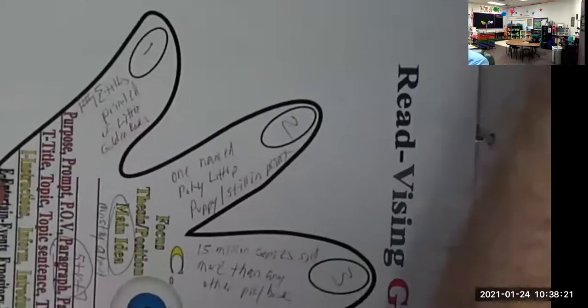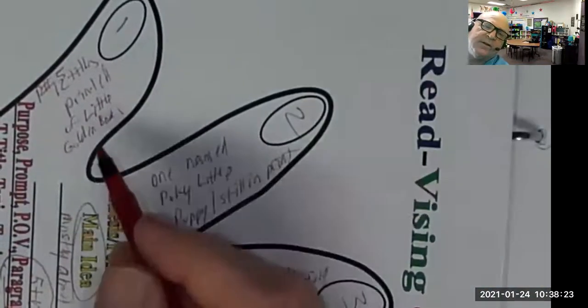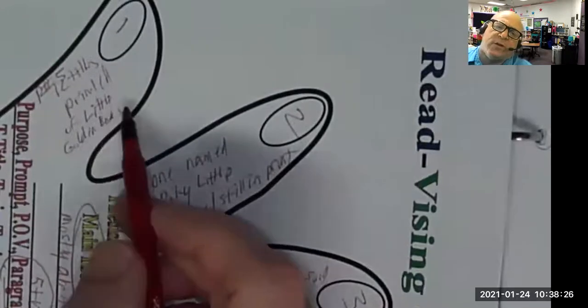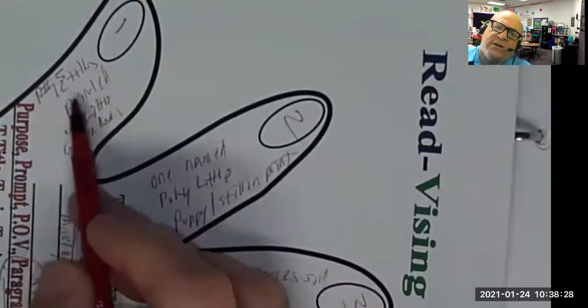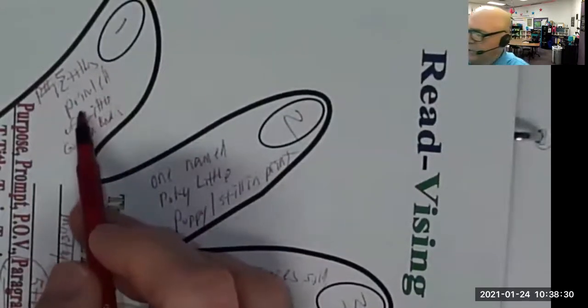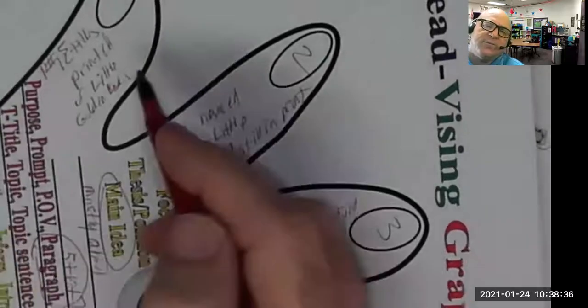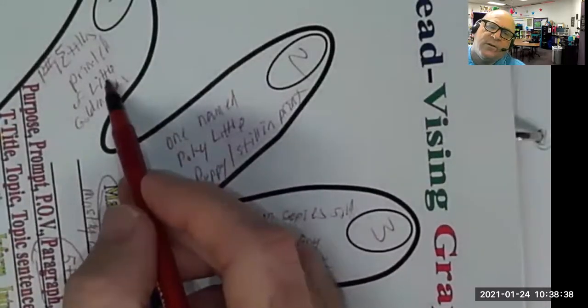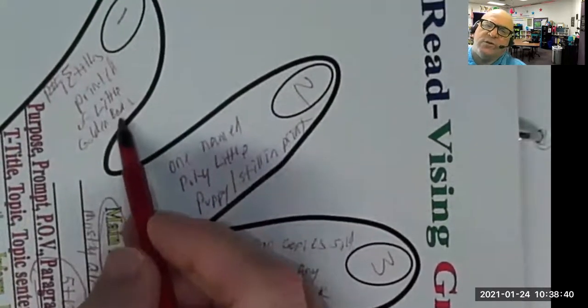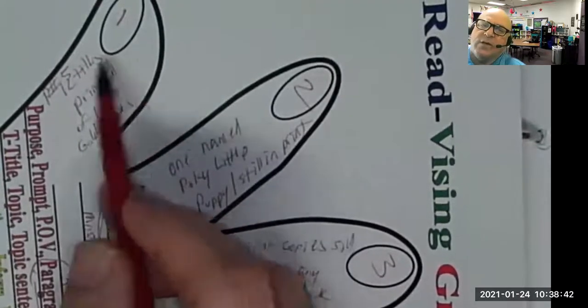So when I zoom in, so you can see it better, your kids can draw a hand. It talks about in paragraph 5, let me just double check, 12 titles have been printed of little golden books.